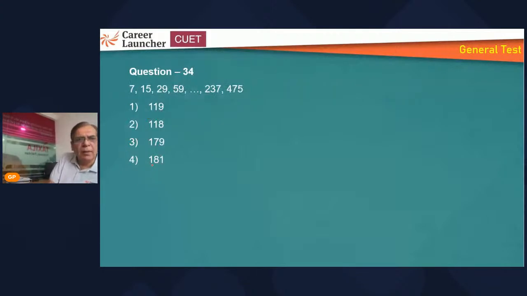Okay, next one, series: 7 into 2 plus 1 is 15, 15 into 2 minus 1 is 29, 29 into 2 plus 1 is 59, so next one should be 59 into 2 minus 1, 117. That is not it. There is some mistake in the question, or a mistake in my logic.